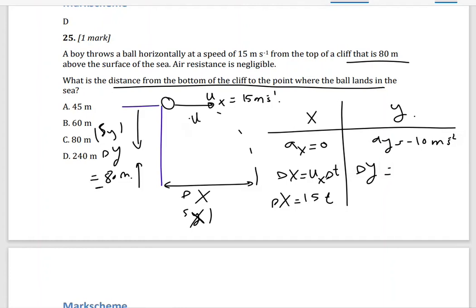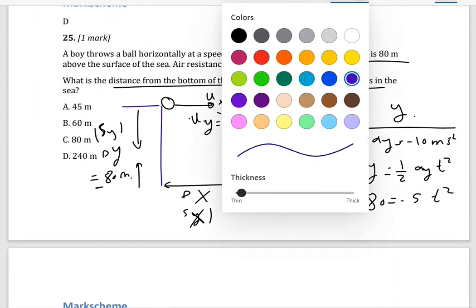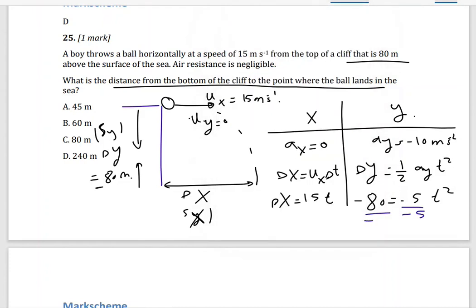The initial velocity in Y direction is 0, so delta Y is half acceleration times t squared. Negative 80 equals negative 10 divided by 2, which is negative 5, times t squared. Divide both sides by negative 5 and take the square root of both sides. So t will be the square root of 80 divided by 5, and this will give us 4 seconds.